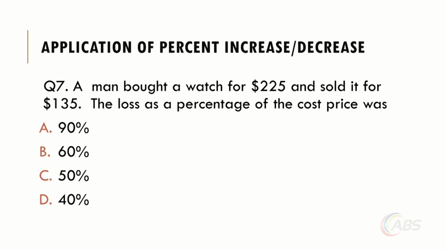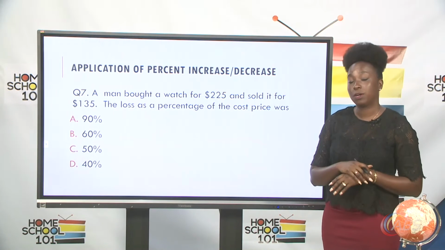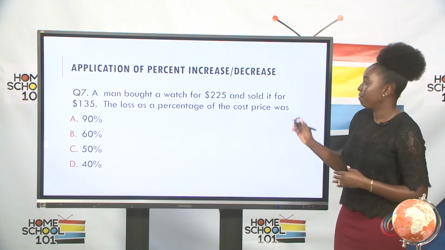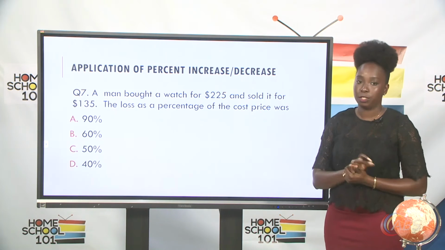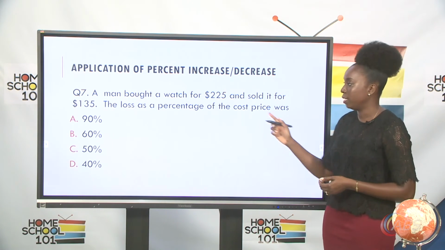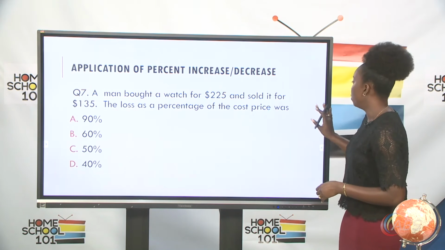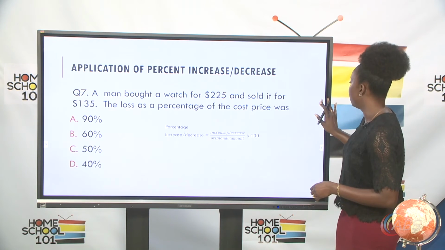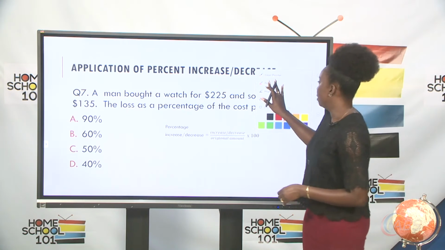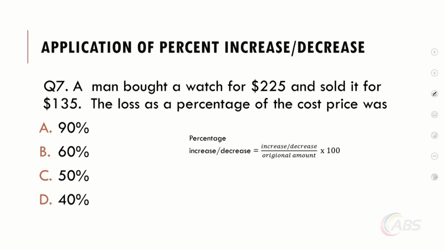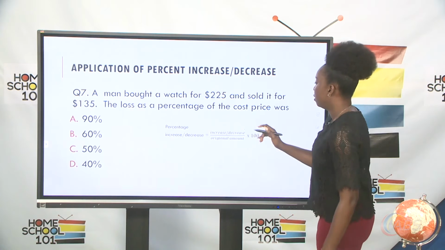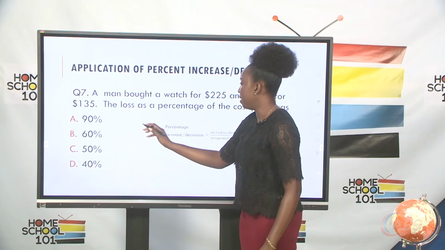And so we're just going to approach the question just slightly different. But again, do we understand what the question is asking? If the man bought it for $225 and he sold it for $135, we know that he's operating at a loss. And so what we're going to begin by doing is finding what that loss is, okay? So we're going to start by finding the loss.